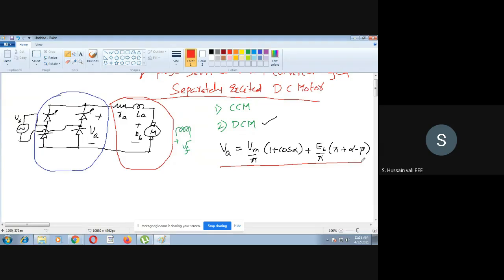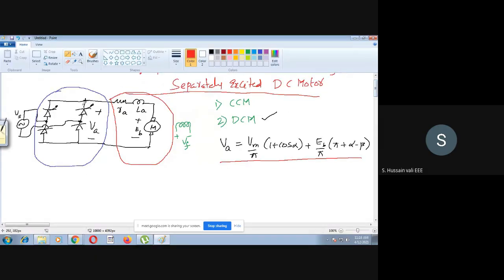Okay, after this we have some more. See, this is the voltage at this point. This voltage we are applying to the armature of the separately excited DC motor. So if you recall the equation of the motor, VA is equal to EB plus IA RA.